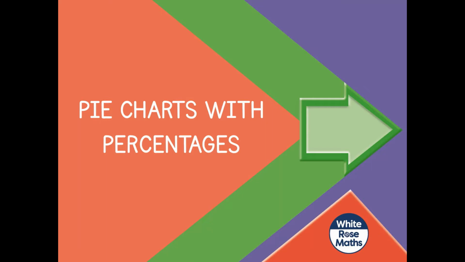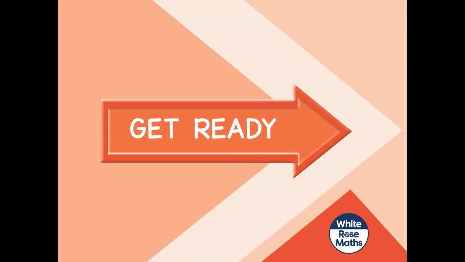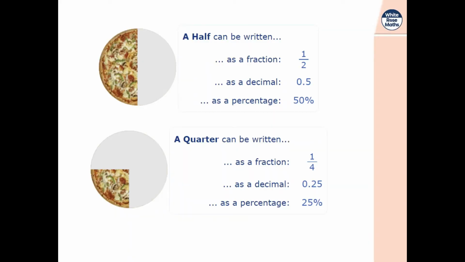So we're going to have a little look at how to find percentages in pie charts. And what you'll need first is to remember about equivalent decimals and fractions and percentages. So just a quick reminder, a half can be written like a fraction, like a decimal, and like a percentage. So here's half a pizza. A half as a decimal is 0.5.